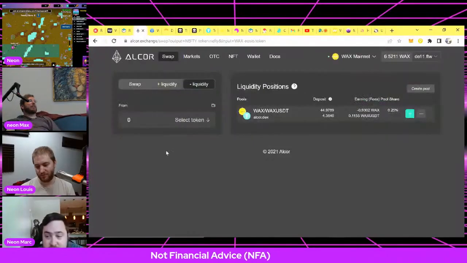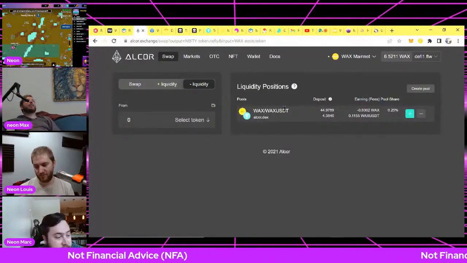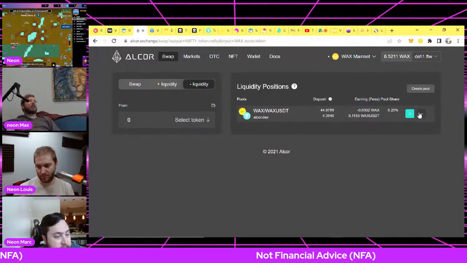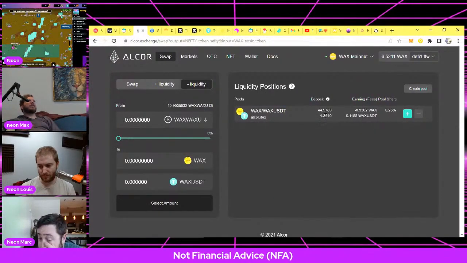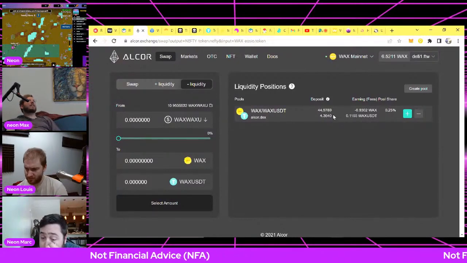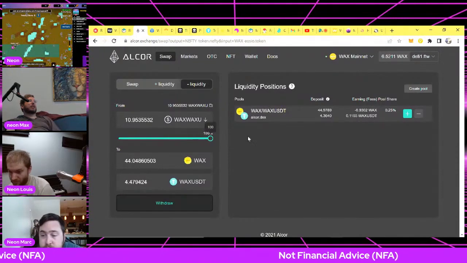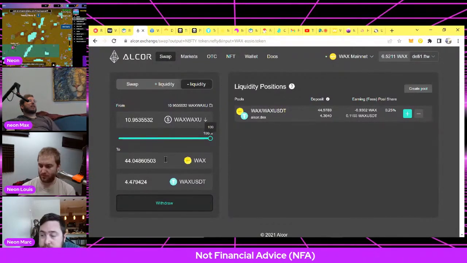Last week we added some WAX and USDT to the liquidity pool here, and this week I want to know how we've done so far. We added 44.9 WAX and $4.38 to the pool. It's currently, what?